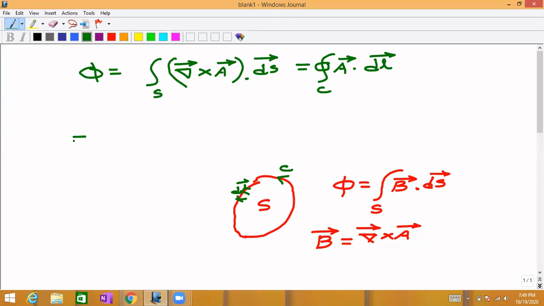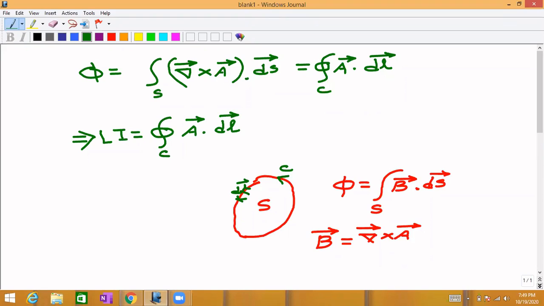So therefore, in place of phi, we can write L into I. Li equal to closed integration over C, A vector dot dl vector.